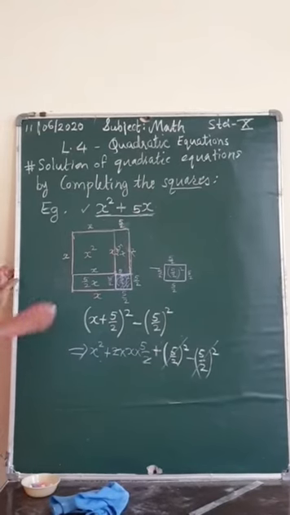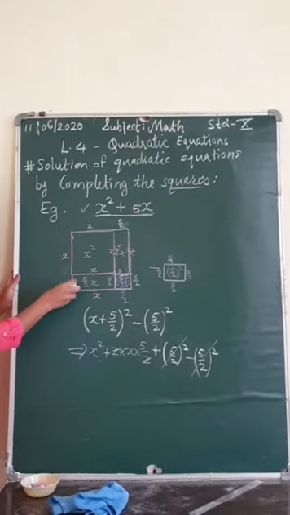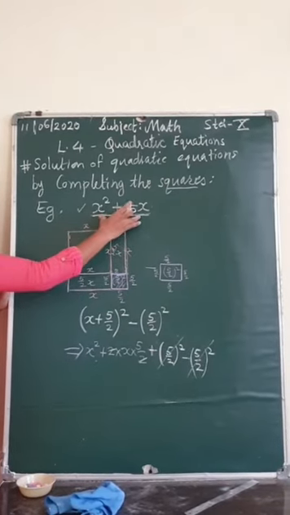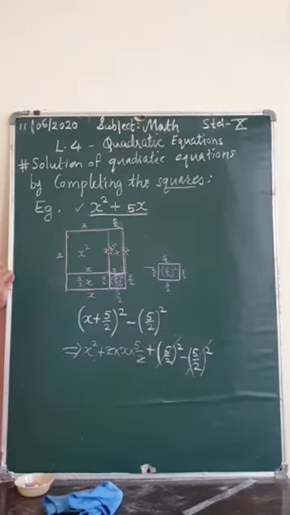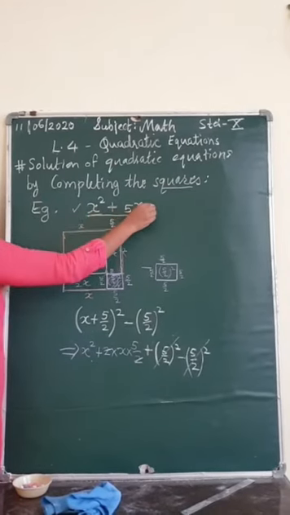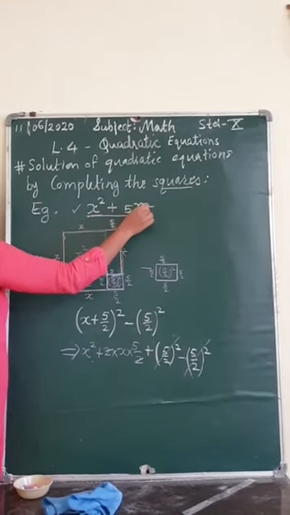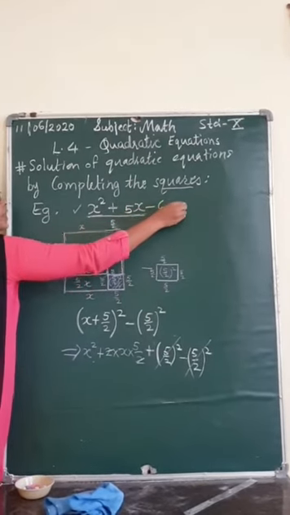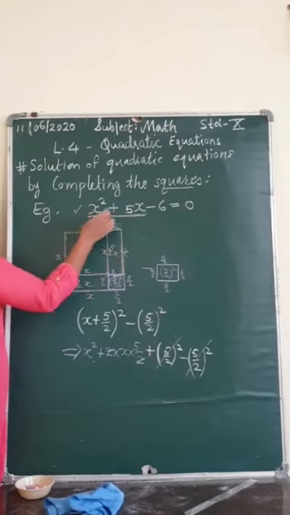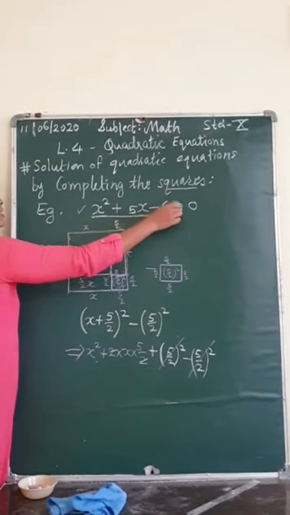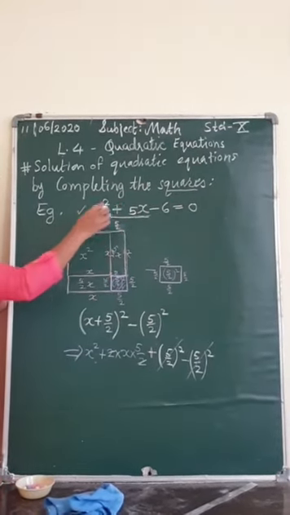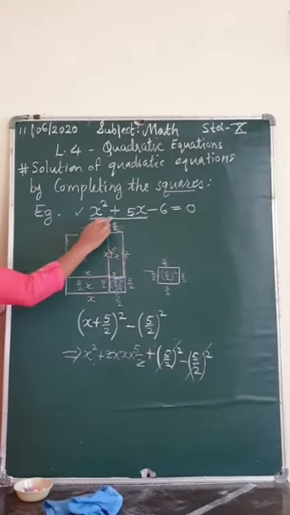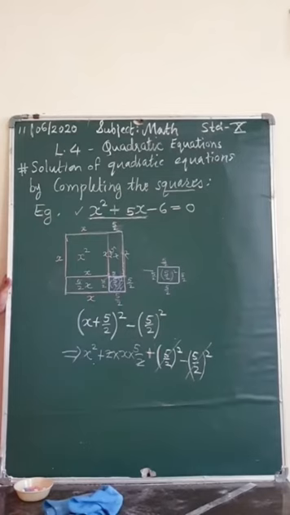This is how we have used the method of completing squares to represent this quadratic polynomial. If in this quadratic polynomial we write minus 6 and change it into a quadratic equation, x square plus 5x minus 6 is equal to 0, then how do we use the completing the square method to find a solution of this quadratic equation?